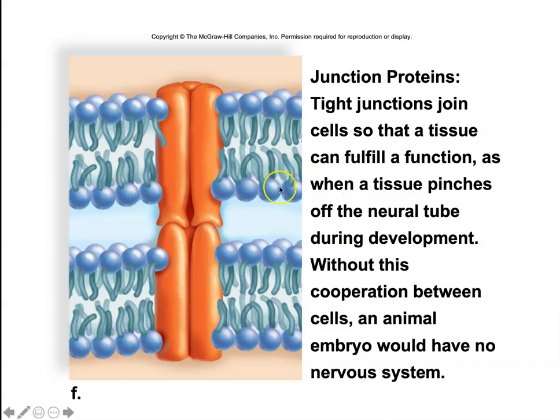So there are specific proteins that join these cells. This gives an example. It says, as when a tissue pinches off the neural tube during development. So this is giving you an idea that during development you have to have these cells working together and held together to start developing organs and developing the nervous system. So it's super important that these junctions are maintained.